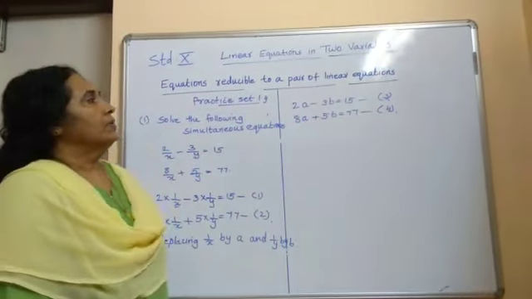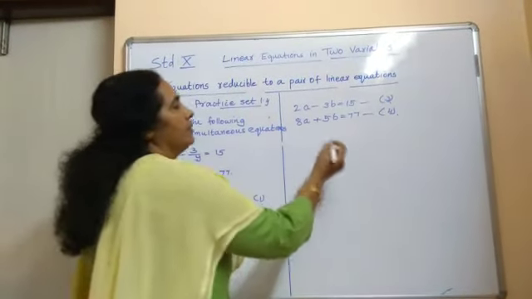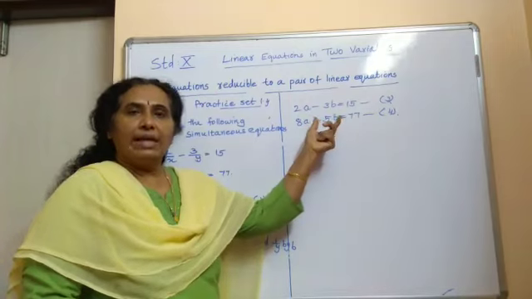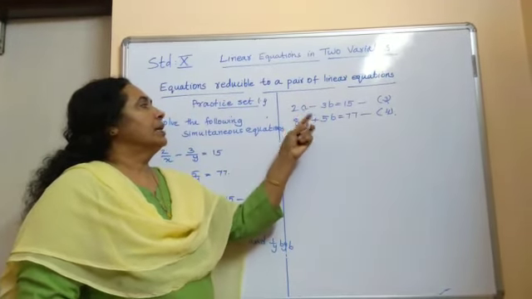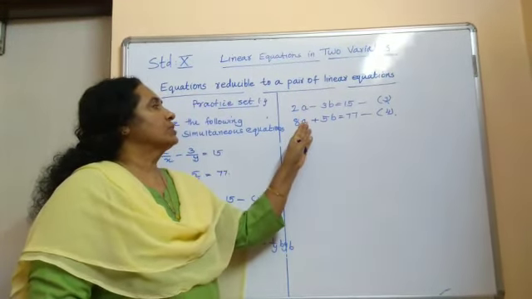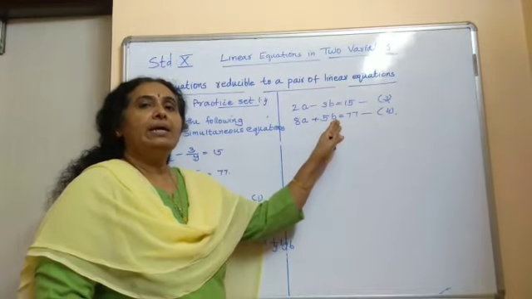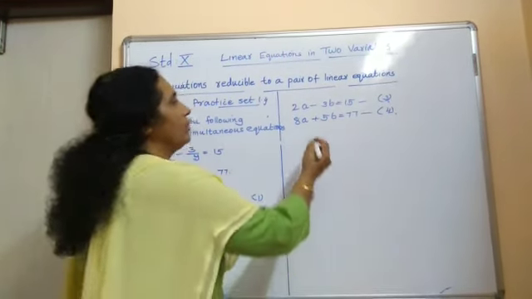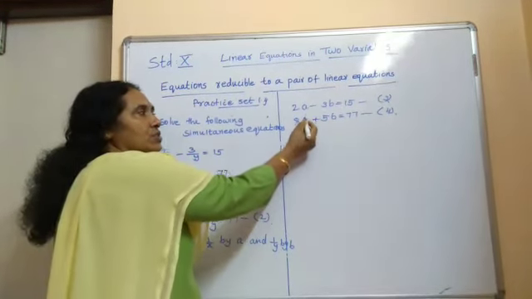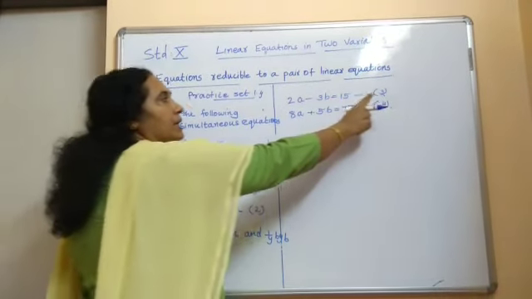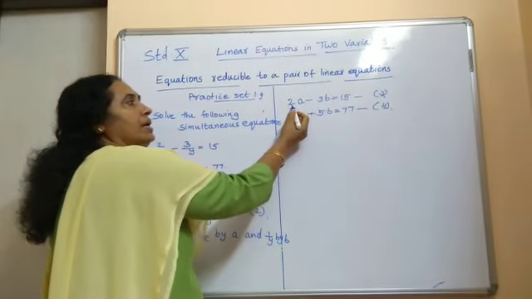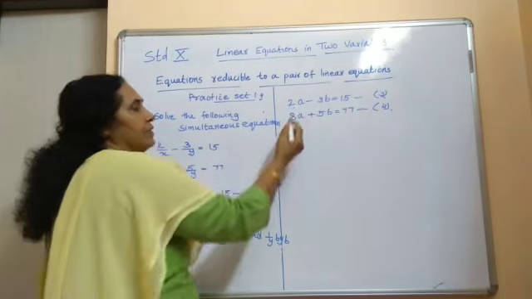Now for elimination method, we can make either the coefficient of a or b equal. For making coefficients of a equal, multiply equation number 3 by 4.